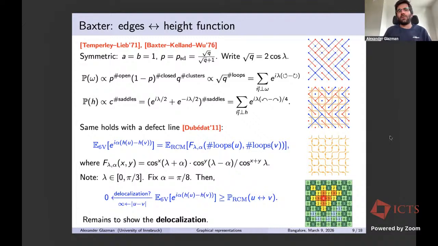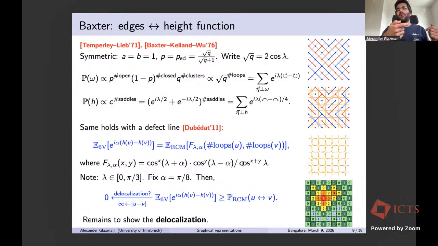Then in your height function, on the left you get this potential. For the difference between the heights, you get this weighted Fourier transform. On the right, for every loop which goes around only u in the positive direction, you get a contribution of exactly one edge in this alpha defect line, and in the wrong direction it will be minus alpha, and for the loop around v it will be the opposite.